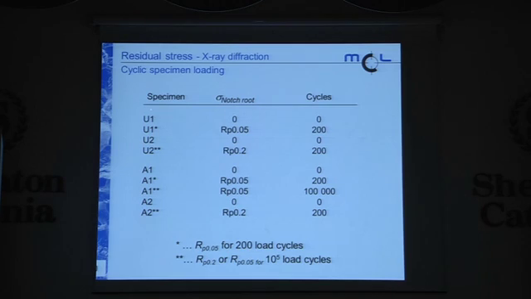U is uncoated, A is coated. We say U1 star is after 200 cycles of a certain stress, 2 star for the higher load. This is just for you to understand the next graph. And one time with the coated specimen, we also performed more cycles to see what happened. This is also called 2 star.